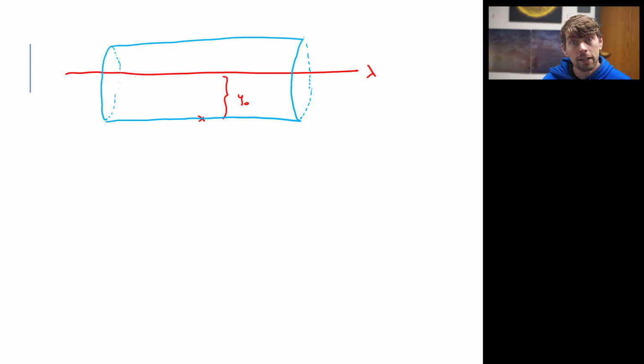Well, let's now get an idea for the total flux through that Gaussian surface. And we bear in mind that because of the distribution being infinitely long, the electric field, which I will draw in green, has no component in the x direction.